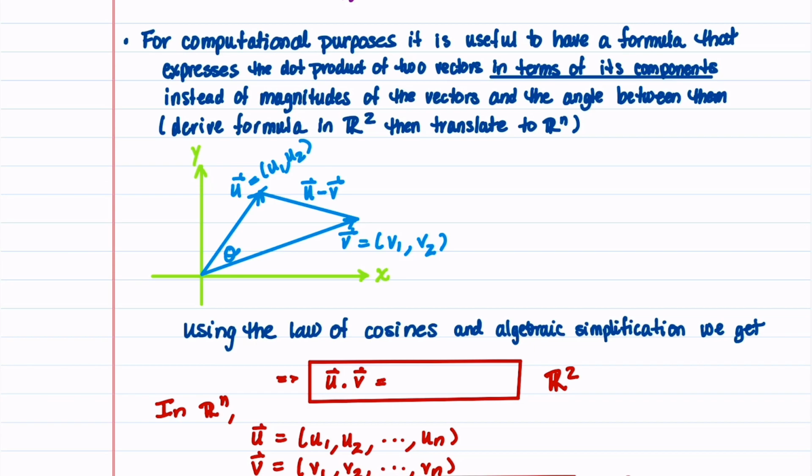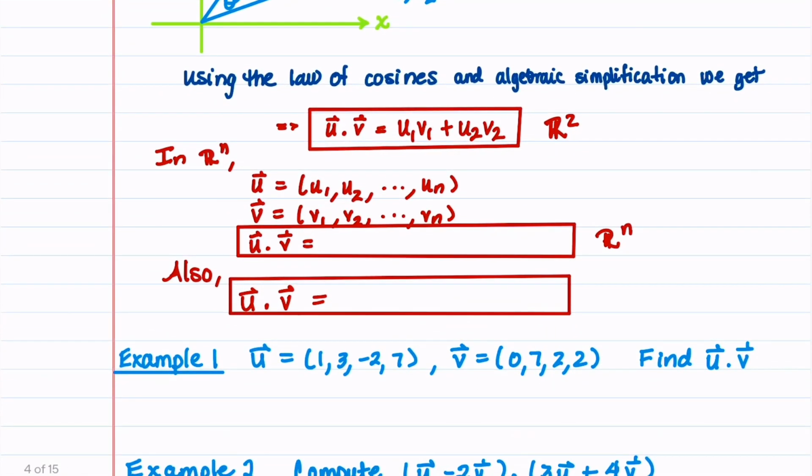I'm going to skip all those steps and show you what we end up with after all the algebra simplifies. We end up with the expression u dot v is equal to u1 v1 plus u2 v2.